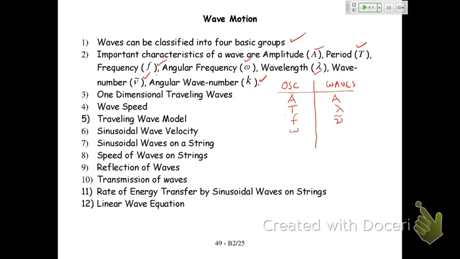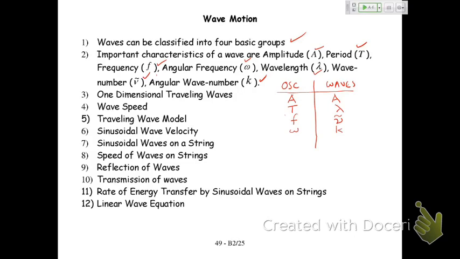The angular equivalent for the wave is k, which is our angular wave number, and that is going to be in radians per meter. Radians per second for angular frequency, radians per meter for angular wave number.